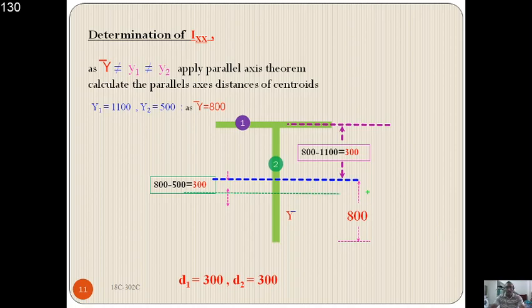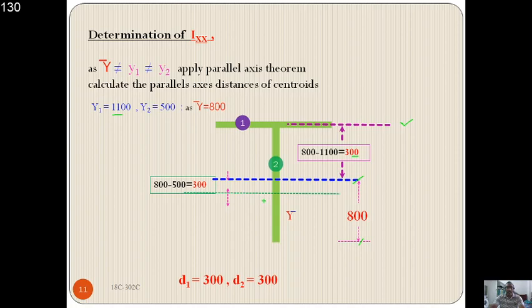So it is clearly shown that y bar is 800 and this is the individual axis distance of the first portion. Now the difference between these two is obtained from y1 minus y bar, so you get 300.